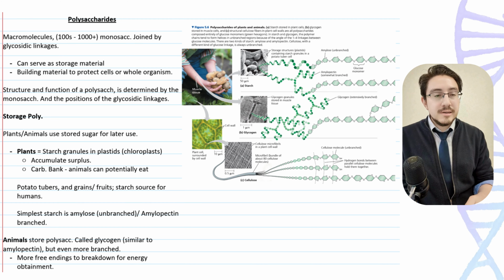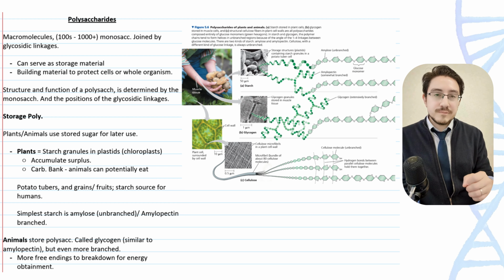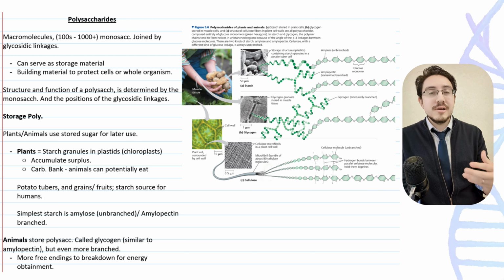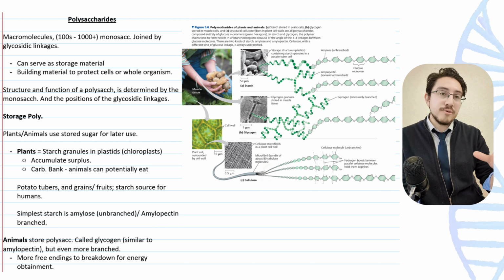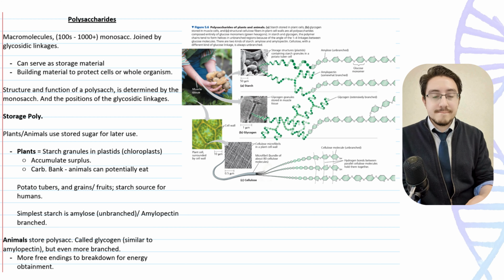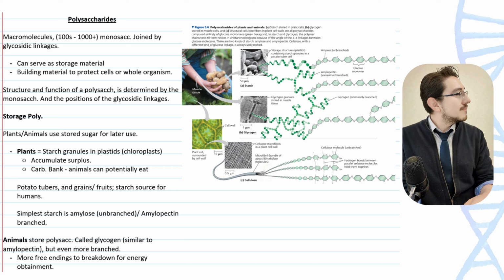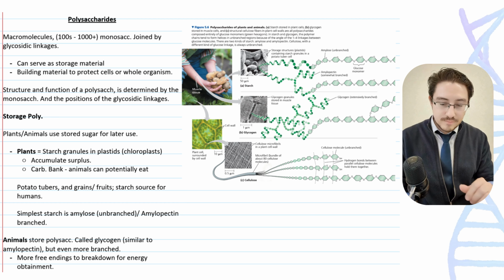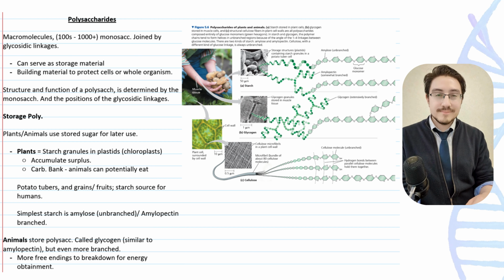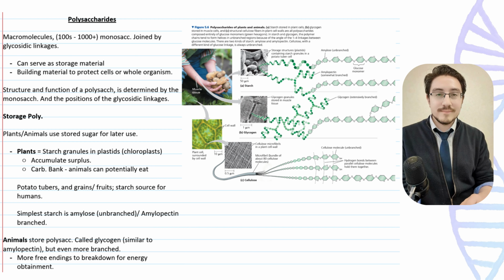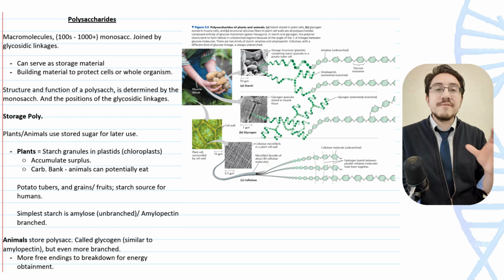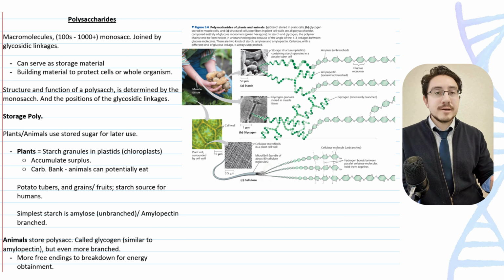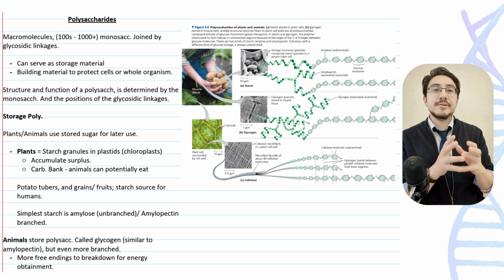They can serve as storage material, and they could also be used as building material, depending on what you're focusing on. The structure and function of the polysaccharide is determined by the monosaccharides and how they're positioned in the glycosidic linkages.